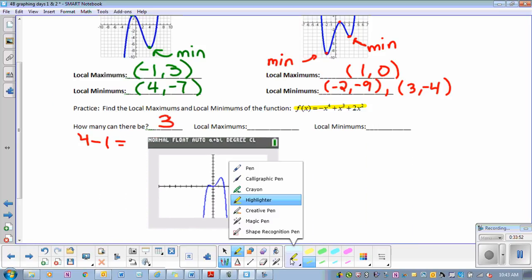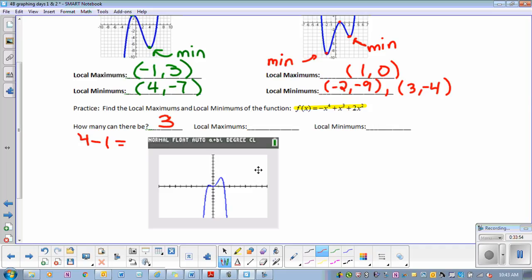Looks like I have a local maximum here, a local maximum there, and a local minimum right here. That local minimum looks like it's at 0, 0, right? All right, well, let's make sure, okay? Let's use Blinking Bob, and we're going to find each of these starting from the left. So let's start with this first maximum.